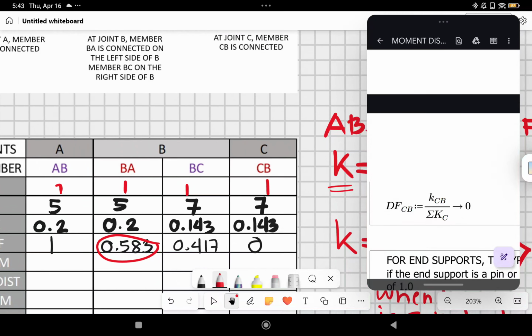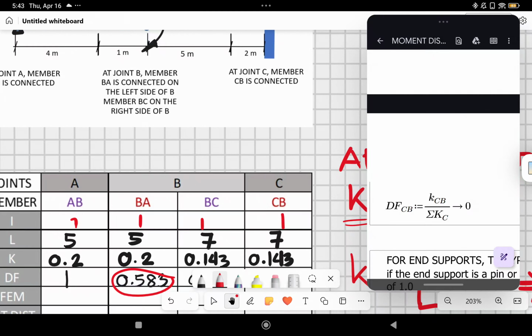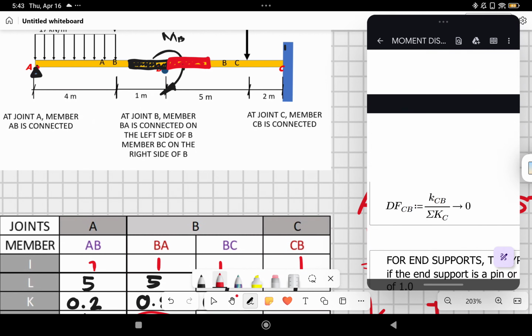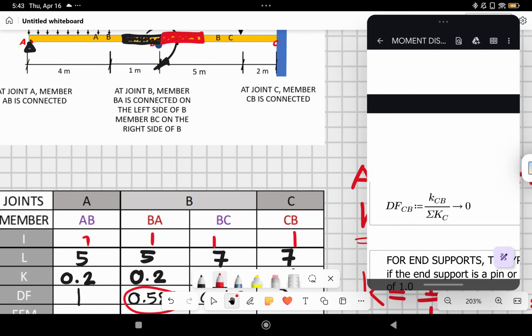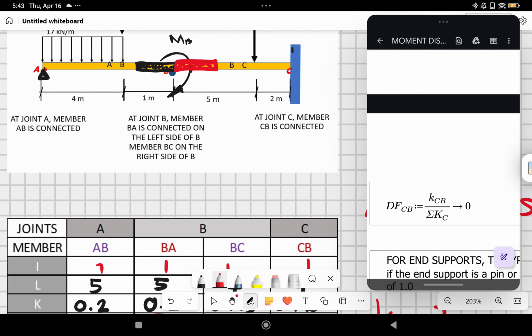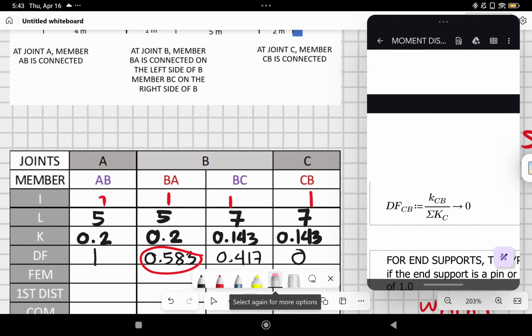And 0.417, that is 41.7% of the moment applied at joint B will be transferred to member BC. So, that is the interpretation of DF.